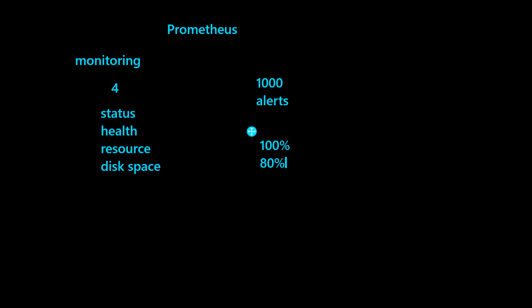So you can set warnings apart from the actual alert, and jump in to see the issue and fix it before the actual problem comes in. That's what Prometheus does.